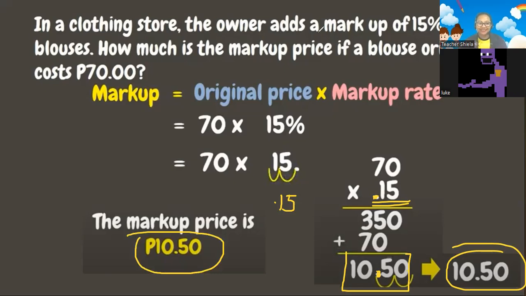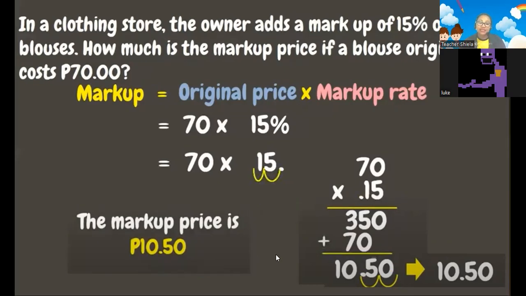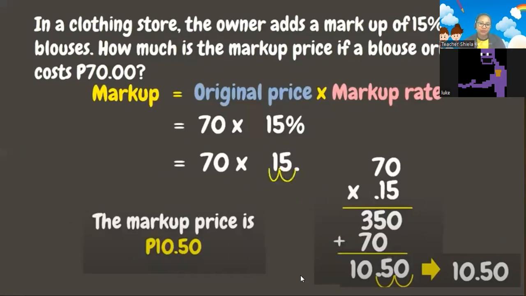Do you have any questions here? None. Since it is related to your exam, please do remember how to solve the markup price. Again, the markup rate: when you see the rate, it means obviously you are looking for the percentage.